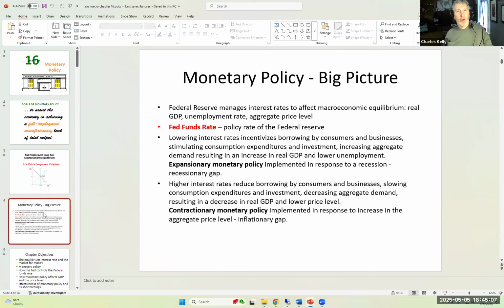Just think FFR, Fed funds rate. Our nation's central bank, the Federal Reserve, they control the Fed funds rate, right? They can't go out and set a dial. They quote unquote manage the Fed funds rate. And it's the policy rate that influences other really important interest rates in the economy.